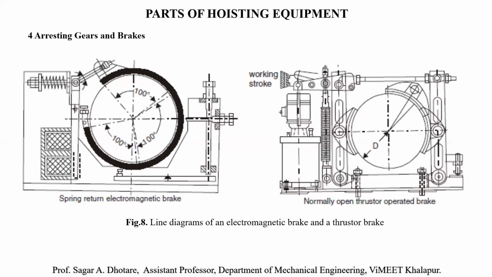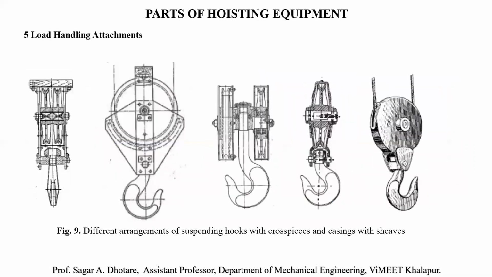In the hoisting mechanism, the use of arresting gears or brakes is of paramount importance to prevent the raised load from getting lowered of its own weight when the raising effort is withdrawn. You can see in the figure the line diagram of an electromagnetic brake and thrust brake.